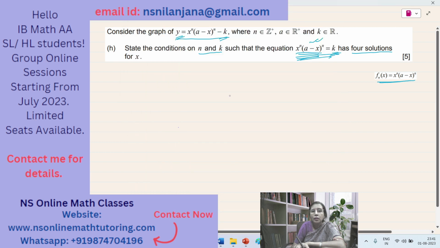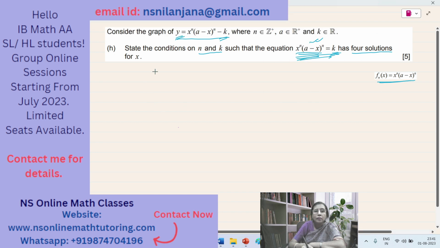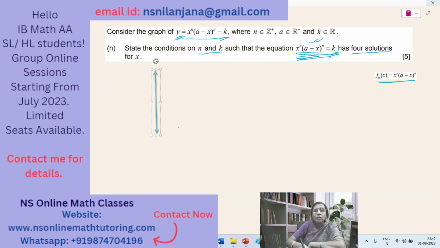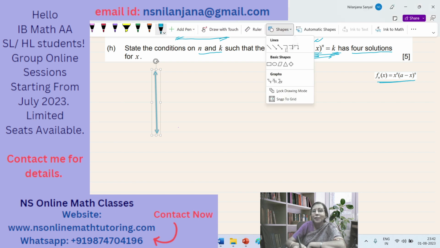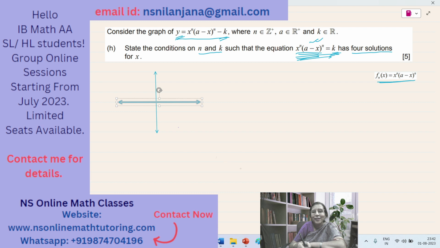So let us write that. Probably the graph, the vertical axis is not completely vertical, but assume it to be vertical. Okay.